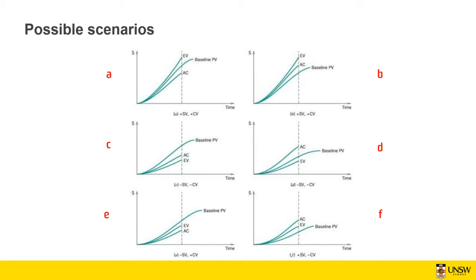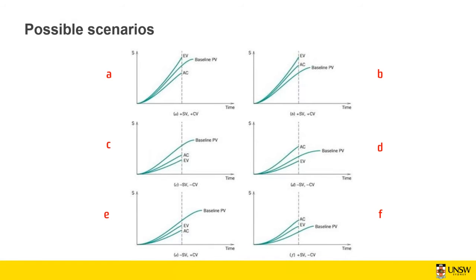How would you describe the difference between situations B and F? Yep. So in situation B, you got both schedule variance and cost variance positive. But in scenario F, your schedule variance is positive, like scenario B, so you are ahead of schedule.